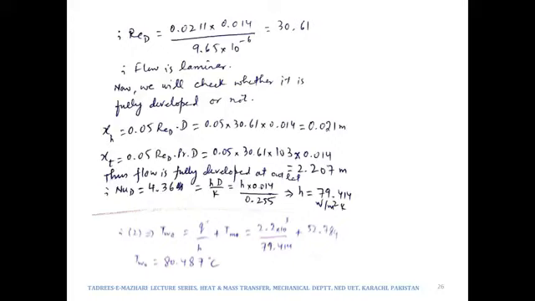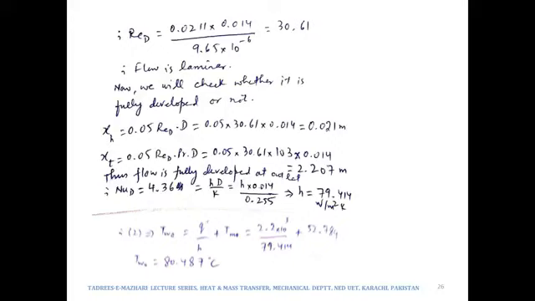So since it is a case where we are given that the heat flux is constant, we need to refer to that particular case where the Nusselt number would be, I will take you to that particular slide.